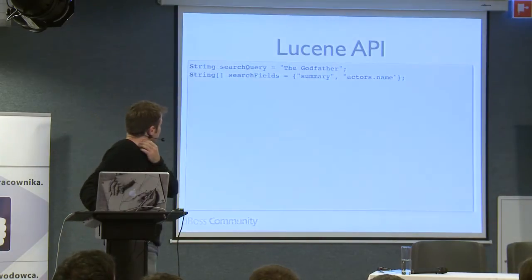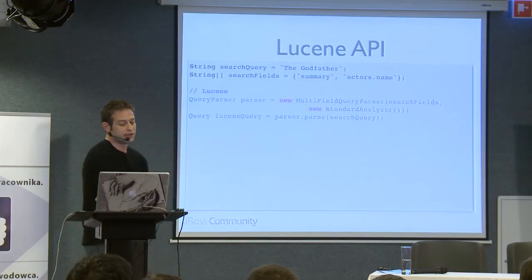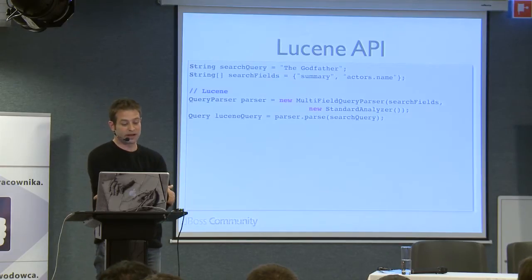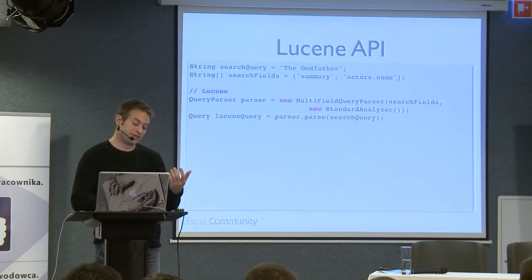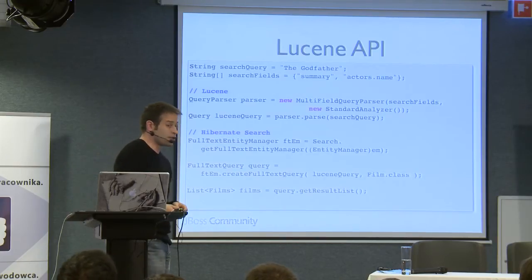There's an alternative. If you don't like the fluent API, you can write native Lucene queries. Lucene has something they call a multi-field query parser, and you pass in the search fields and the search query. Once you have a Lucene query, from then onwards, it's exactly the same thing again. It's a matter of taste what you like.